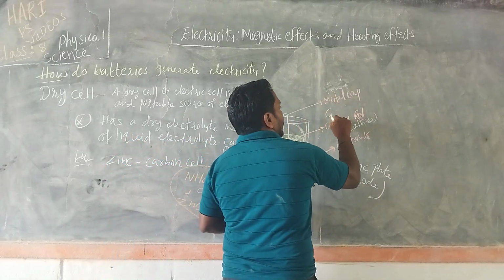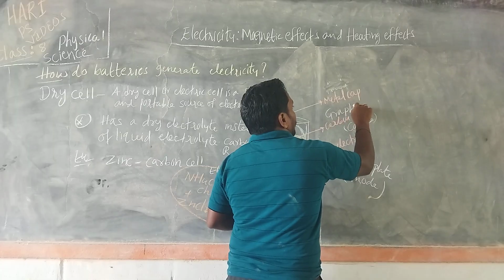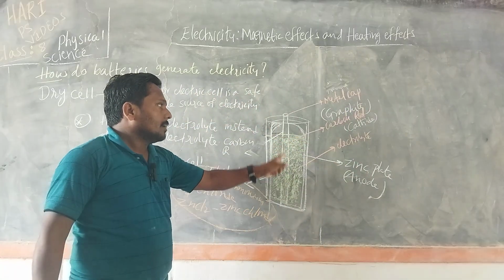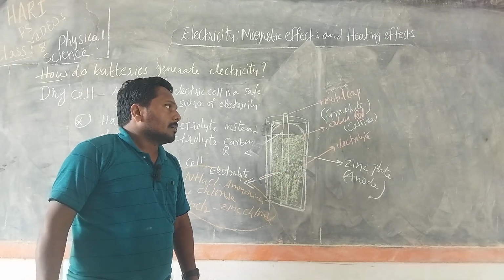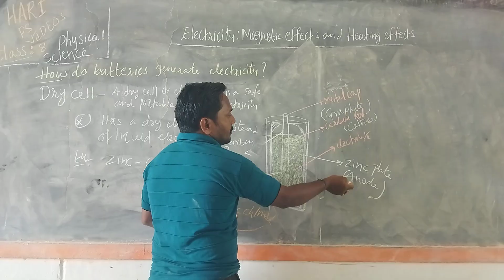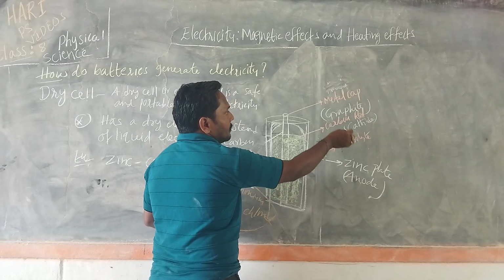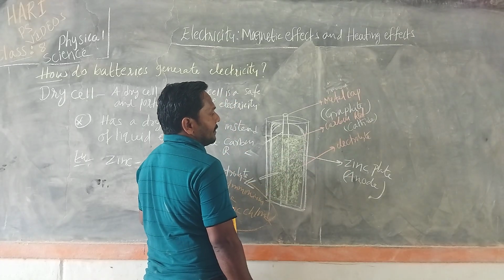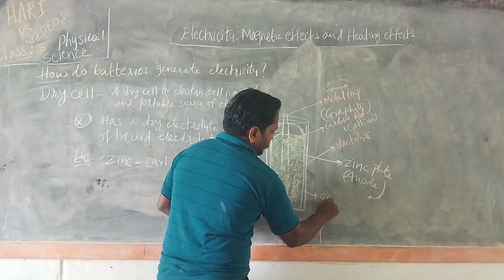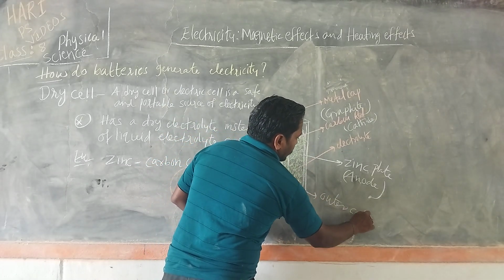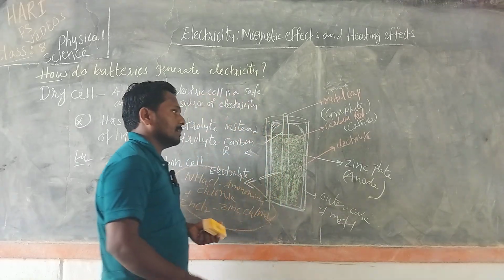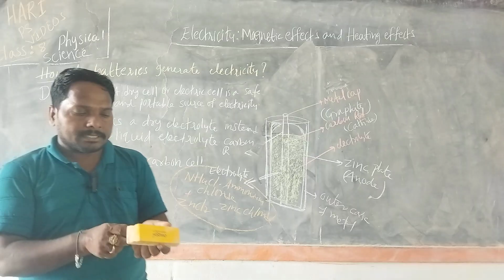The carbon rod or the graphite rod acts as a cathode. The zinc plate anode, electrolyte and graphite rod cathode are all covered with an outer case of metal.